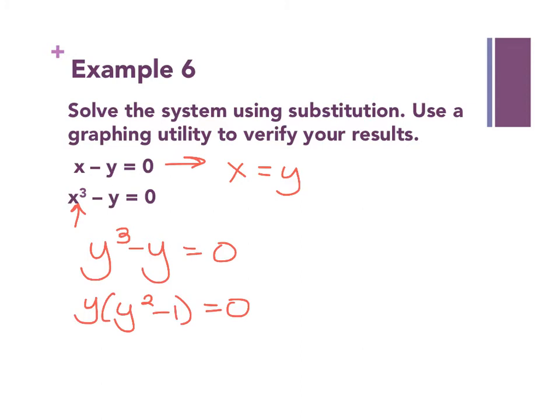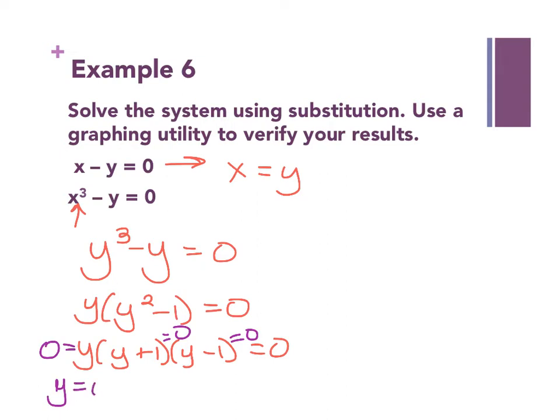Can I go any further? Good. Difference of 2 squares, y plus 1, y minus 1. And then I've got 3 separate terms. I set them each equal to 0. And I get y equals 0, y equals -1, and y equals +1.